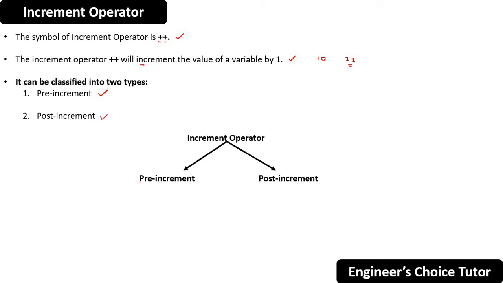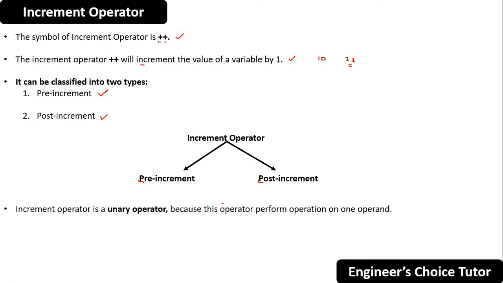Increment operator is a unary operator because this operator performs an operation on one operand only. The number of operands is one. That is the reason increment operator is a unary operator. Is it clear? Now let's cover one by one, first pre-increment and then post-increment.